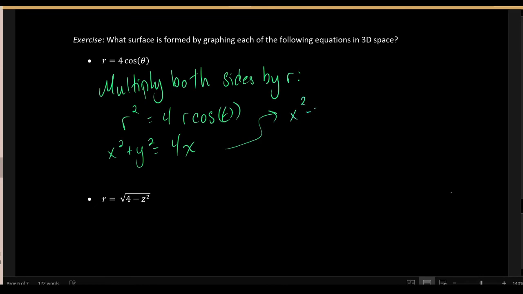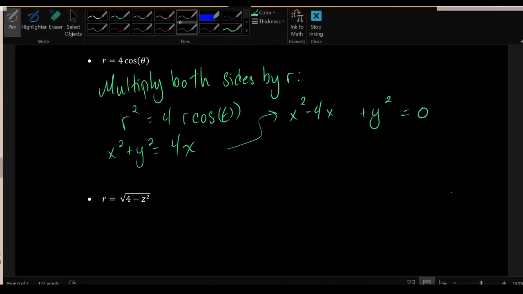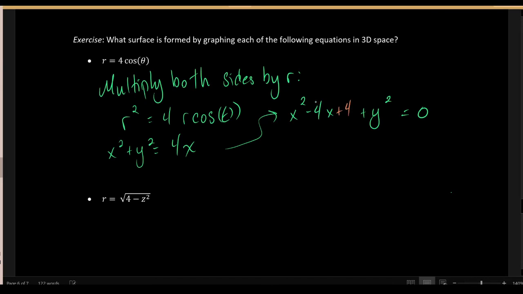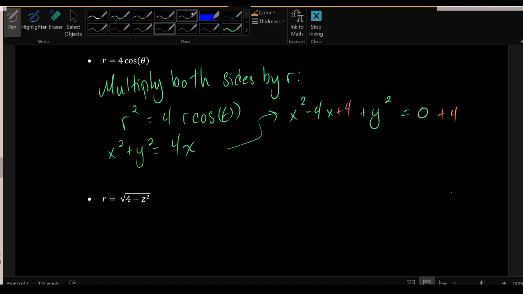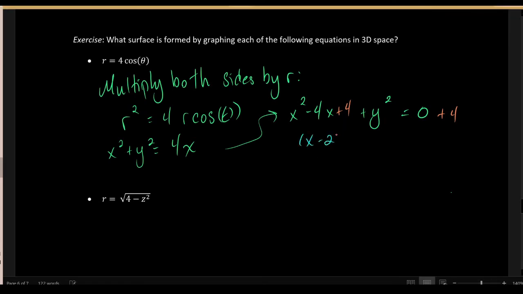This is starting to look like the equation of a circle. The center of the circle is not immediately apparent because this equation is not currently in standard form. But if we complete the square by taking half the coefficient of x, squaring it, adding it to both sides, and then factoring, this is equivalent to (x minus 2) quantity squared plus y squared equals 2 squared, which in two-dimensional space would be a circle of radius 2 centered at the point (2, 0).